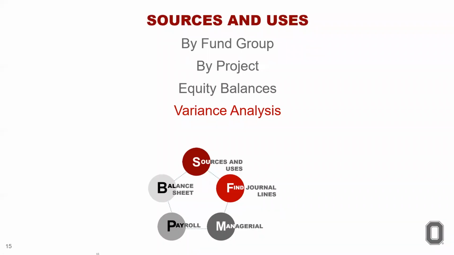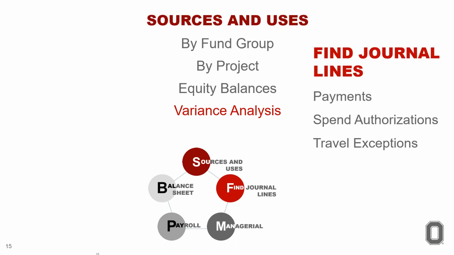Our next core report format is Find Journal Lines. This is a transactional line item report, a basic search that can take a variety of forms depending on the filter you use. For example, you might want to find a list of payments made to a specific vendor, spend authorizations, or exceptions to a travel policy for your team.